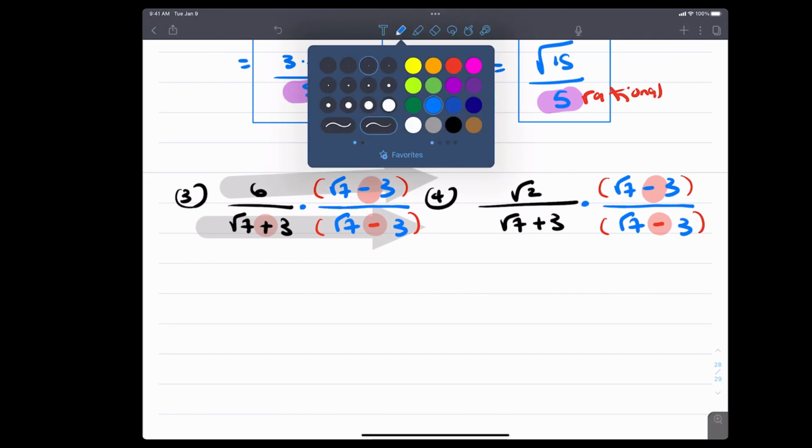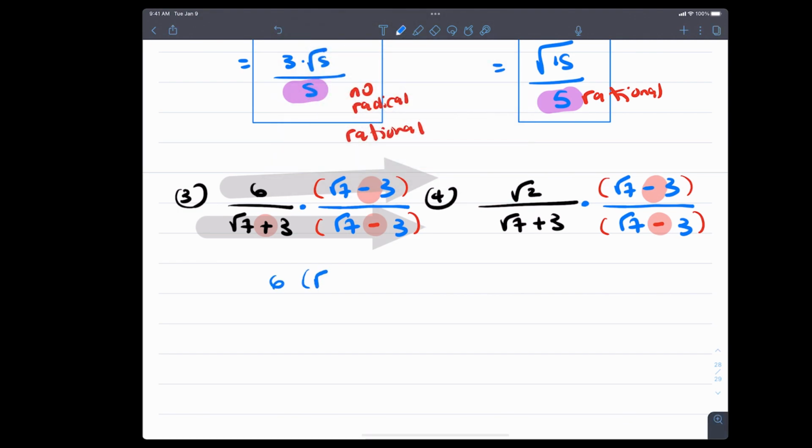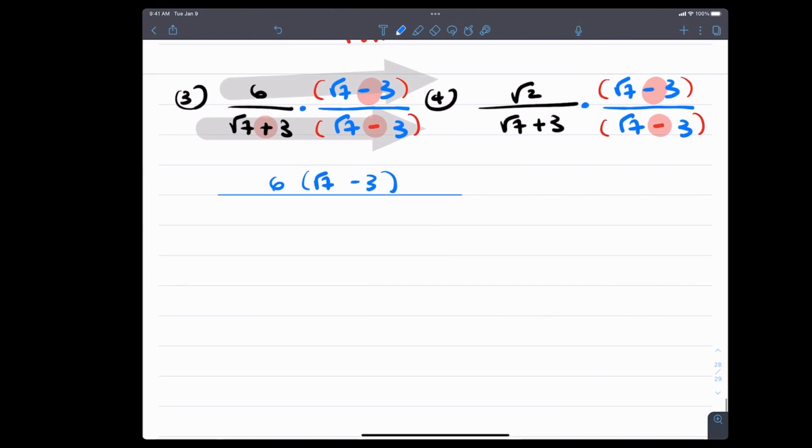So here you go: 6, square root of 7 minus 3. Now, what do you get on the bottom here? Square root of 7 times square root of 7. Remember this, only multiply. This isn't conjugates, by the way. Just multiply your first terms and your last terms, because the O and I terms are going to go away.